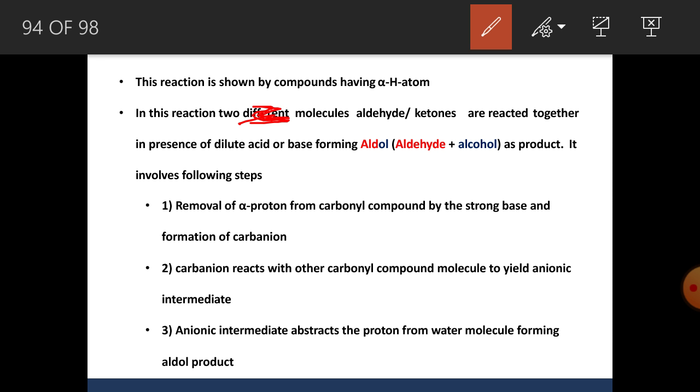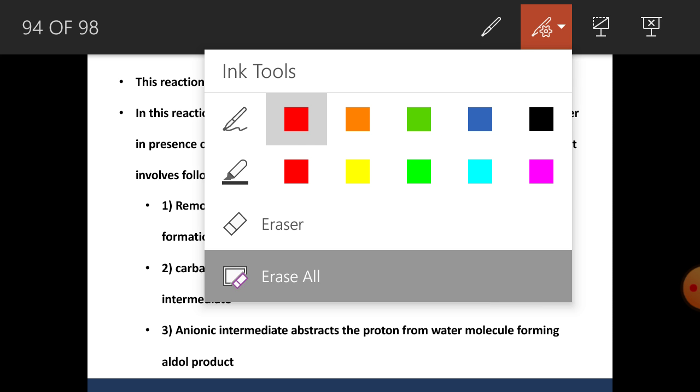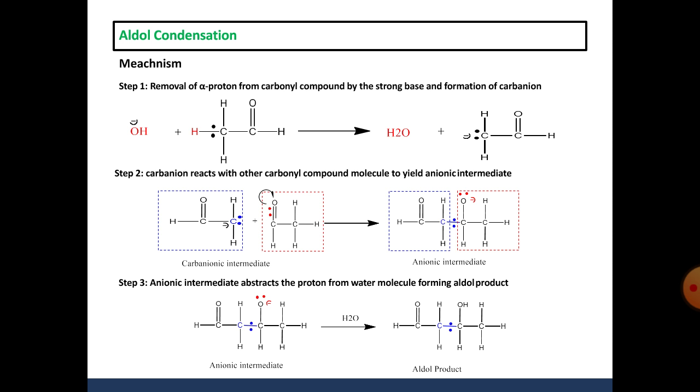So here a few steps are written. That is, first removal of alpha hydrogen takes place. Then the carbanion reacts. Then the anionic intermediate abstracts a proton from a water molecule and forms aldol. So now we'll see the different steps.